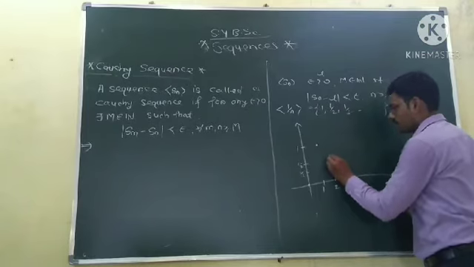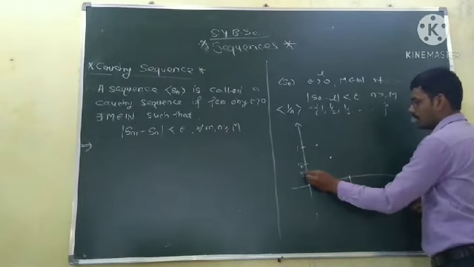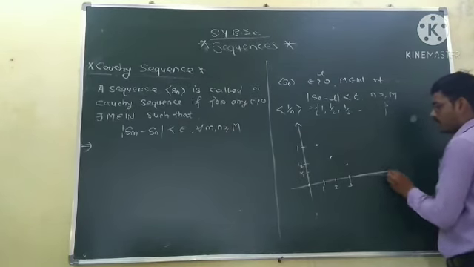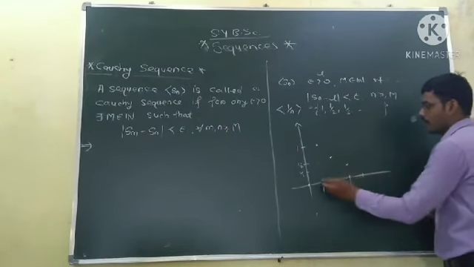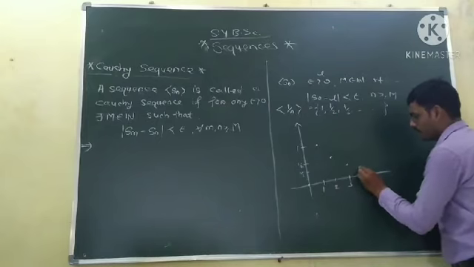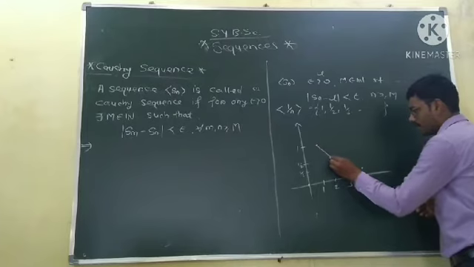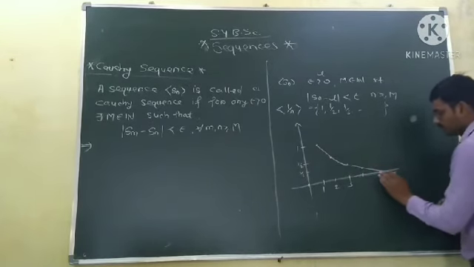Okay. So when we put n equal to 3, the value of the sequence is 1 by 3. Okay. So whenever we put n equal to 4, the value of the sequence will be 1 by 4. Okay. So then our graph will continue like this.